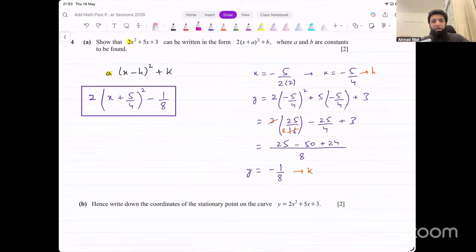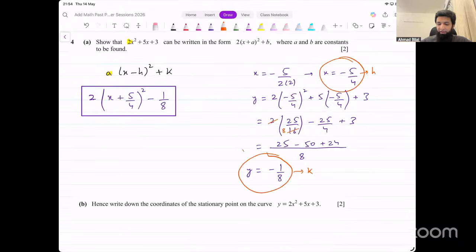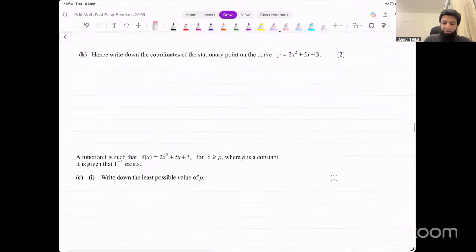In the calculator paper, you find the turning point from the calculator directly. You can do that, right? Using the equation solving function on the ClassWiz calculator. When you get the x-intercepts, you also get the turning point of the quadratic function at the end. You'll get the values of h and k from the calculator directly, input them here, and that will be your completed square form. Okay, that's pretty efficient in calculator papers.